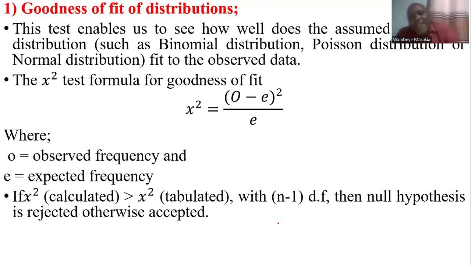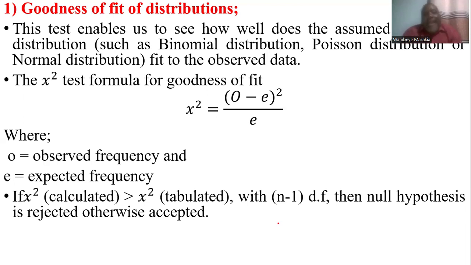Now, very important for us to keep in mind: if the chi-square calculated is greater than the chi-square tabulated with a given number of degrees of freedom, then we reject the null hypothesis. I'll repeat.